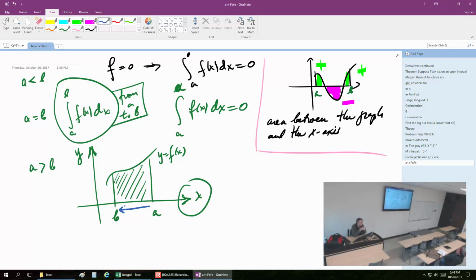So you move backwards. If you start moving back in time, then your displacement changes to negative. So that's why we expand that idea to just say the integral from B to A of f(x) dx is equal to negative the integral from A to B of f(x) dx. So, covering all bases.